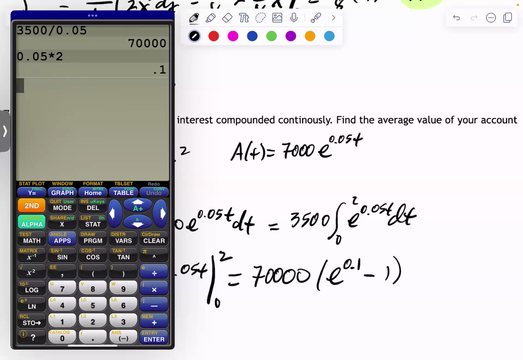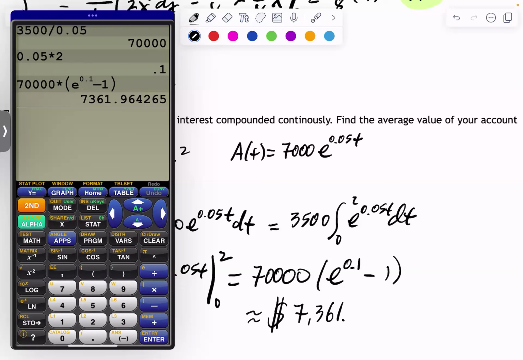So let's take 70,000 times e raised to the 0.1 power, I use the right arrow to get out of that exponent, minus 1. So it looks like our average amount in this account is going to be about $7,361.96.